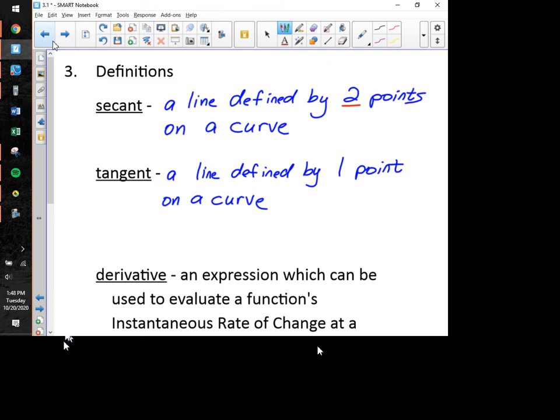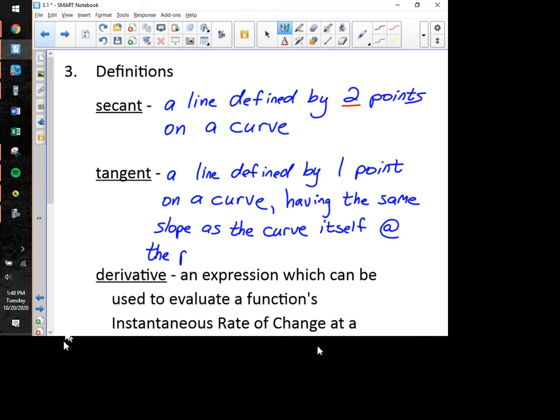The definition of a tangent is a line defined by 1 point on a curve, and now here we go, guys, having the same slope as the curve itself at the point of tangency.